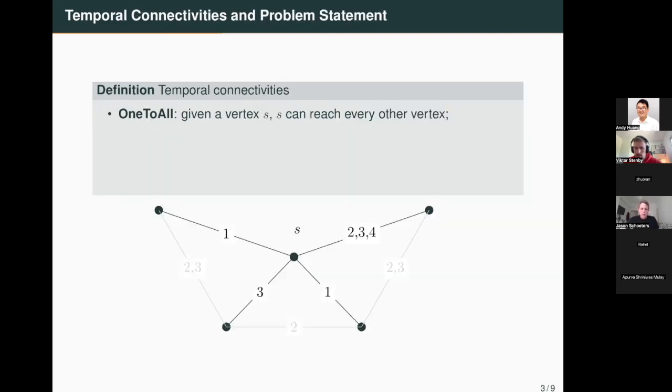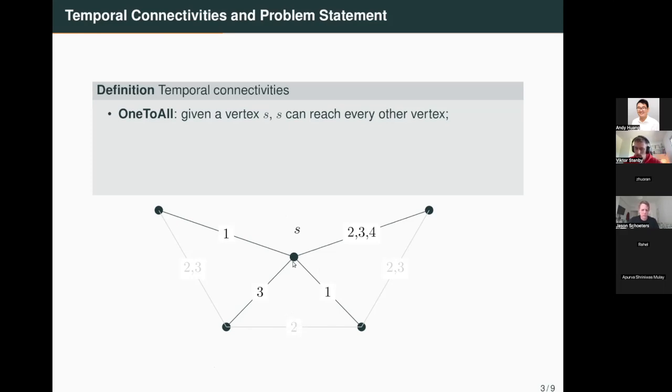So let's now go over the temporal connectivities that we consider. The first one is quite simple. We call it one-to-all, and it's basically what it says: a special vertex S can reach every other vertex. If you plug that into the definition of a spanner before, you can have a little example like below, where the graph is all the edges, and then a corresponding one-to-all spanner would be the black edges, whereas the gray edges are deleted from the original graph.